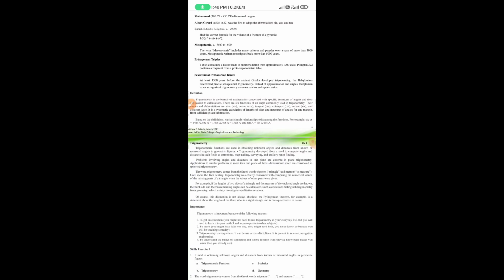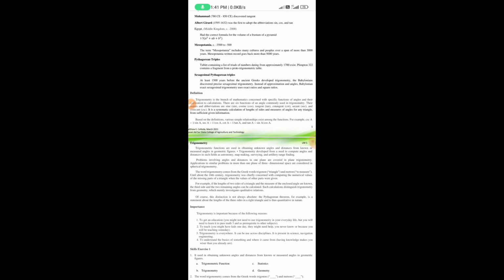Such calculations distinguish trigonometry from geometry, which mainly investigates qualitative relations. Of course, the distinction is not always absolute. The Pythagorean theorem, for example, is a statement about the lengths of three sides in a right triangle and is thus quantitative in nature.